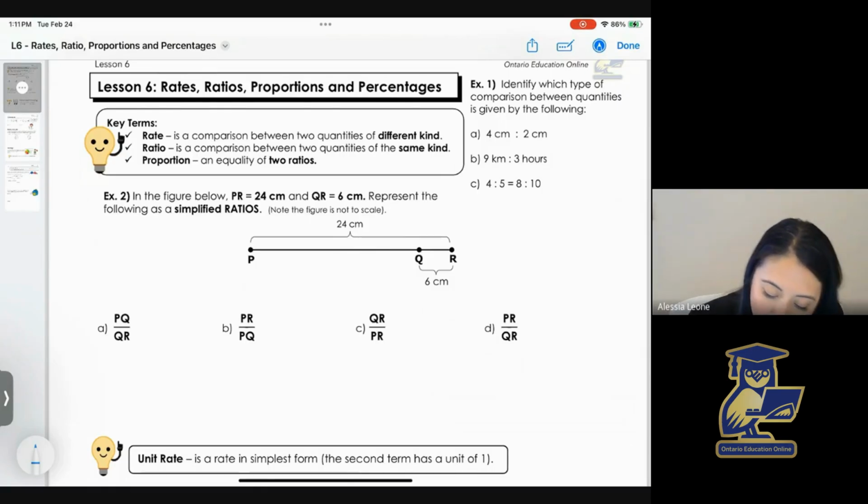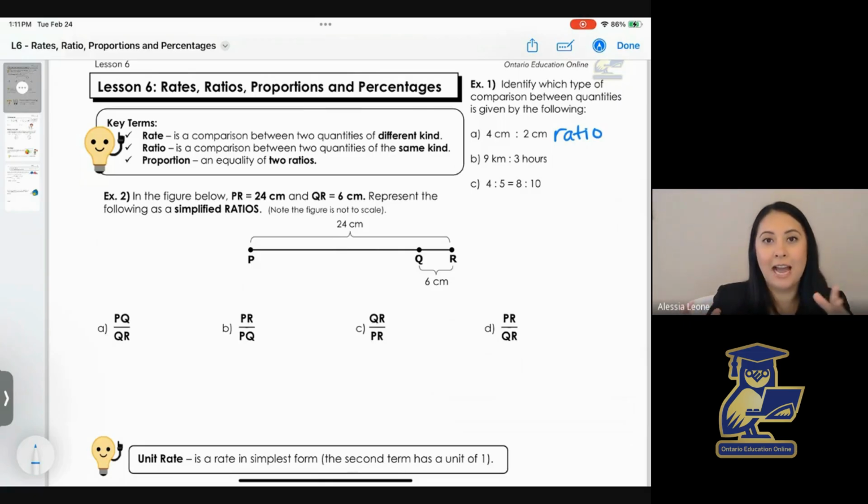So the 4 to 2 centimeters on the right side there, it is both in centimeters. So we're using the same units. We know the same units means it's a ratio. Underneath, we have kilometers and hours. We're using different units.